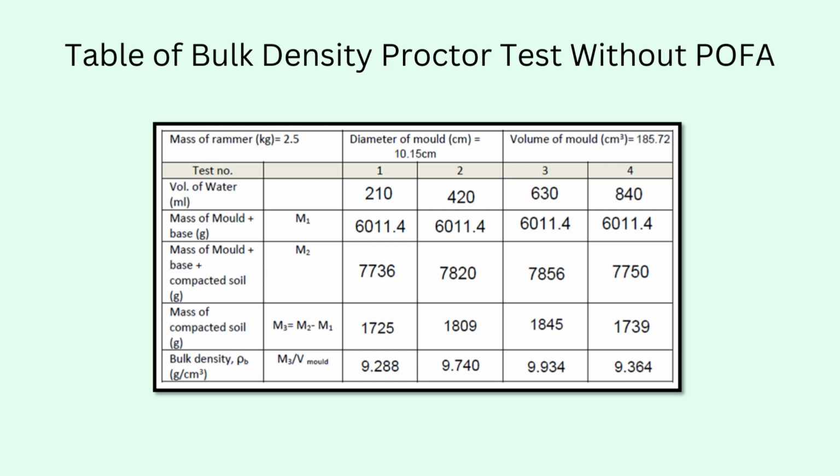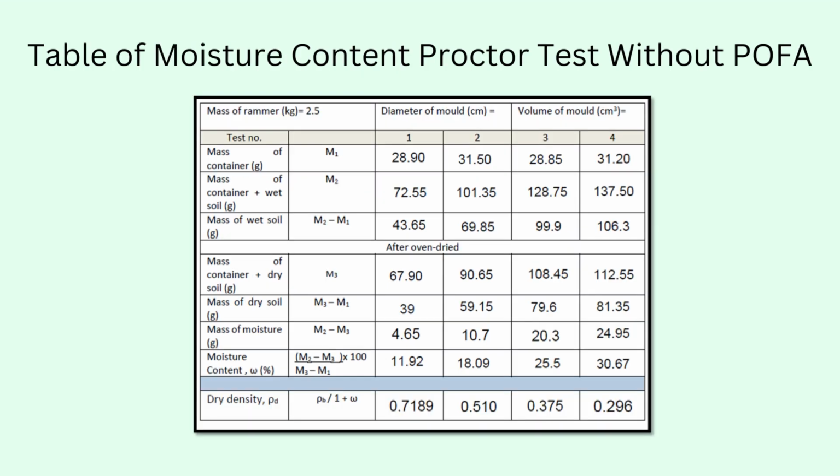For the Proctor test, we can get the table of bulk density. This table is the Proctor test without POFA, and we can determine the bulk density from the mass of compacted soil divided by the volume of the mold.